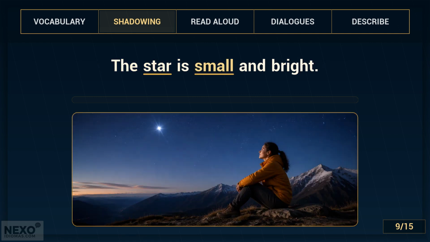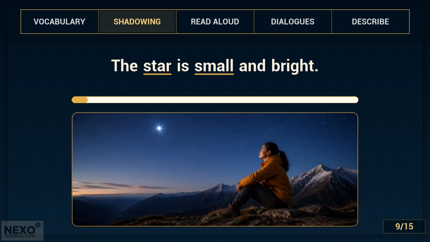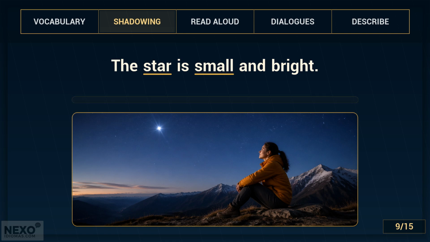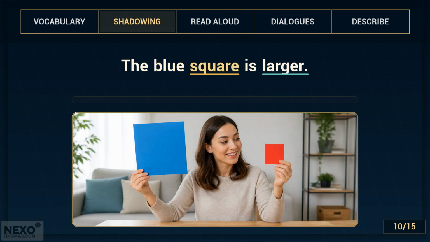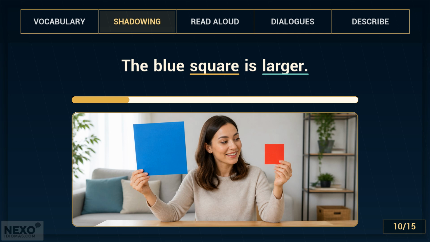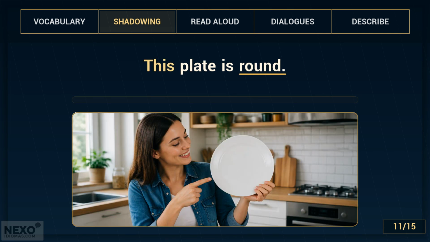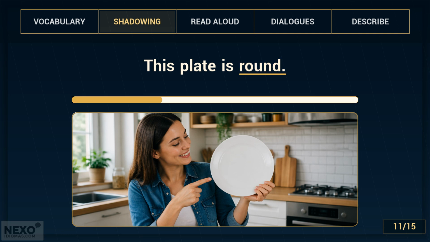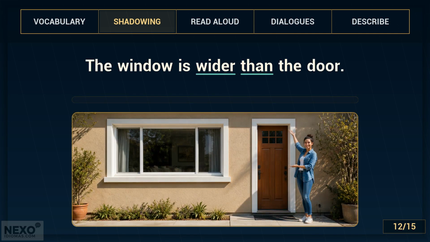The star is small and bright. The blue square is larger. This plate is round. The window is wider than the door.